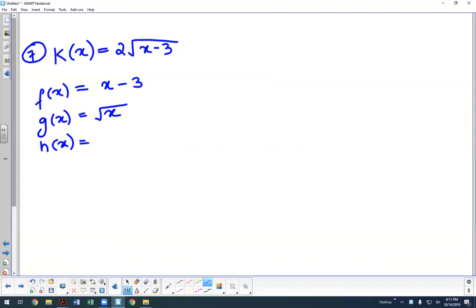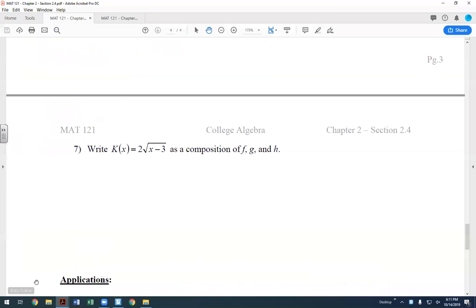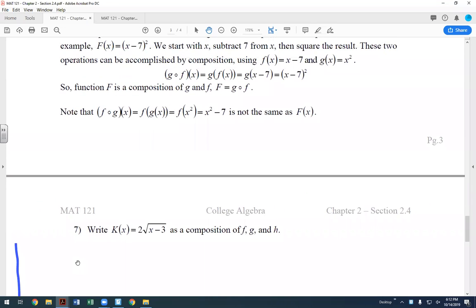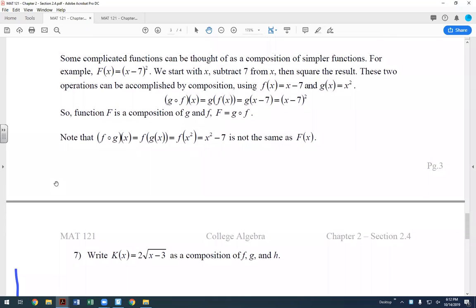Go back to that example that we just looked at with the x minus 7, the whole quantity squared, right? I only defined x minus 7 as one of my simple functions, and the square did not have an x minus 7 in there. It was just a square function. So each operation is going to be defined individually.